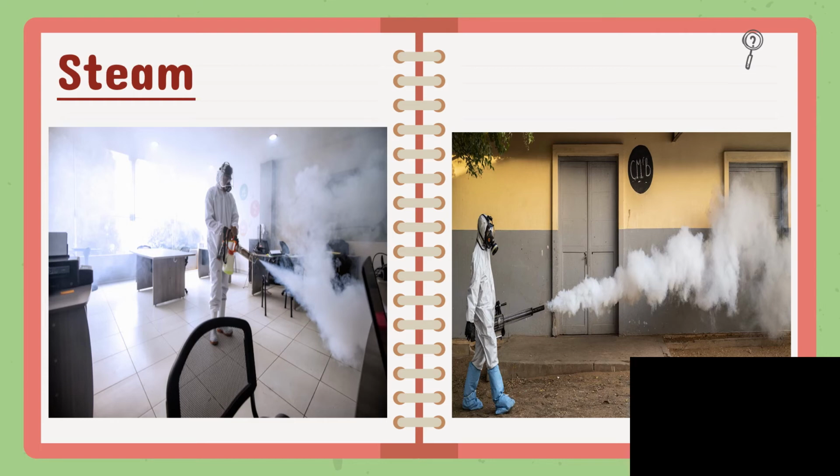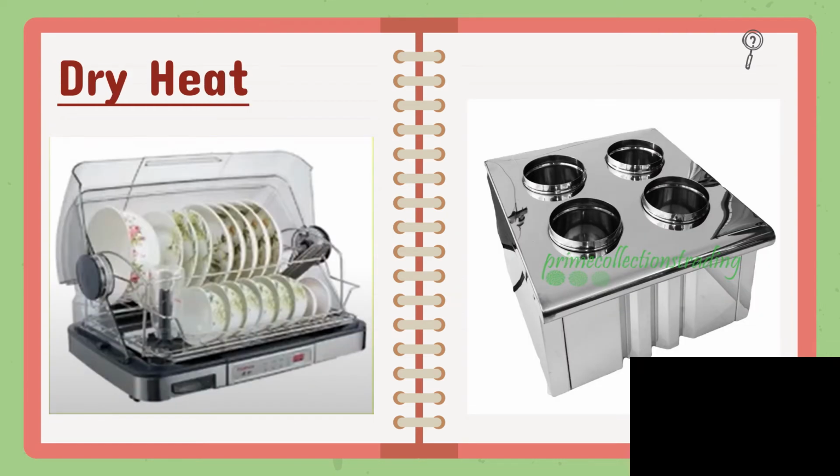And the next one is dry heat. Ito naman yung equipment na pwede natin ilagay yung mga plato, baso natin. Then siya na yung magpo-produce ng heat para ma-sanitize yung ating mga kitchenwares.